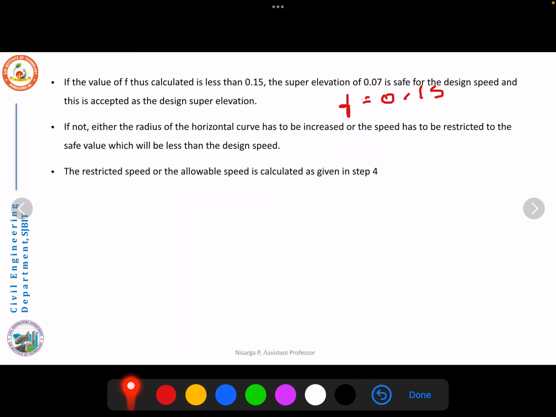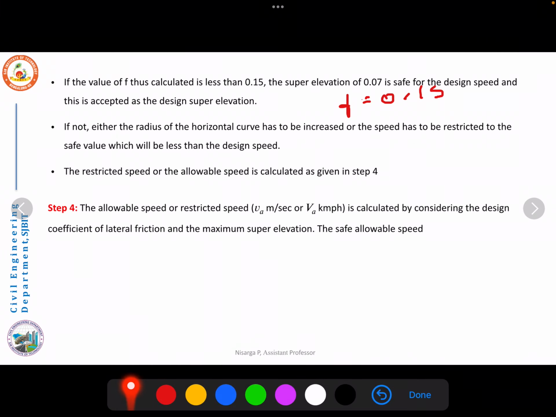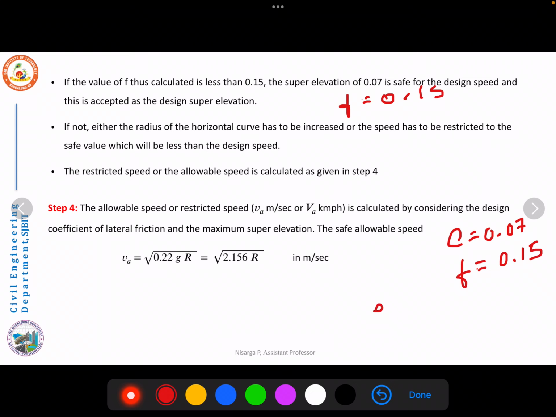Then the restricted speed will be calculated in the next step. To calculate the restricted speed, we will consider the maximum superelevation value as 0.07 and the f value as 0.15. Substitute these values in the expression e plus f equal to V square by gR.